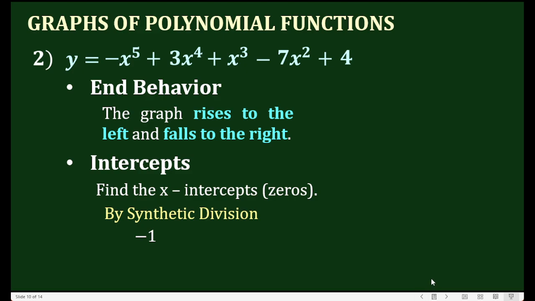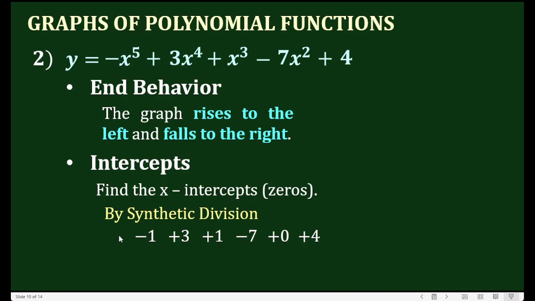Taking those coefficients, we have the first one, negative 1, followed by plus 3 from the next term, 3x to the fourth, then followed by 1, minus 7. Then, before we consider the constant term, we need to insert plus 0, and then followed by plus 4.